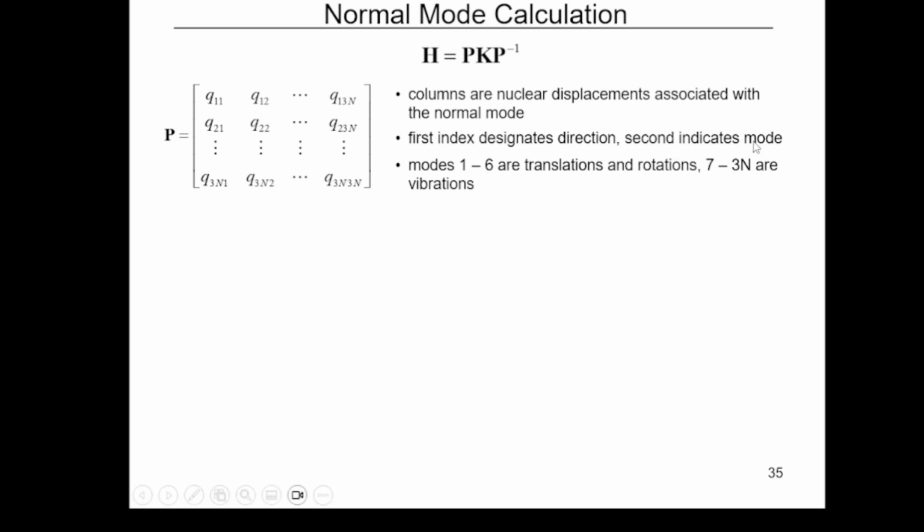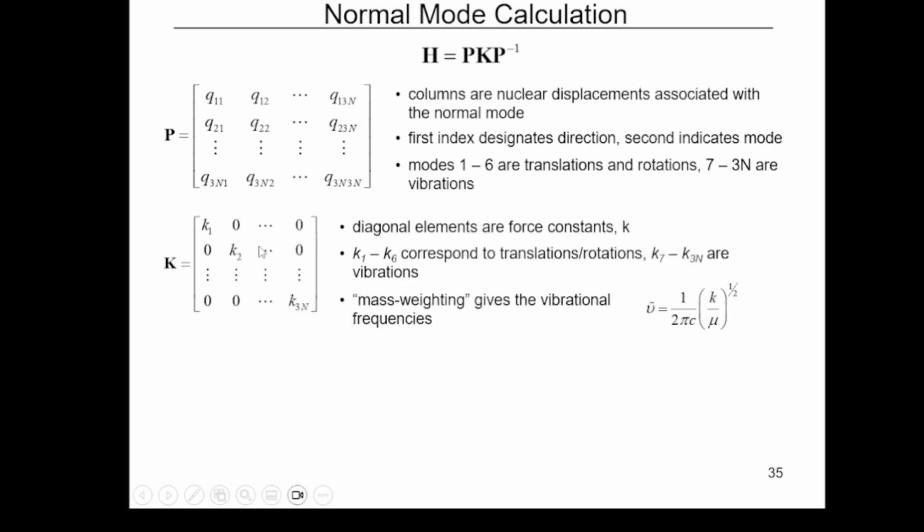Now when we talk about the modes, in this Hessian we include not only the vibration but also the translation and rotation. So 1 to 6, like these 1, 2, 3, 4, 5, 6, are translations and rotations, whereas 7 to 3n are vibrations.